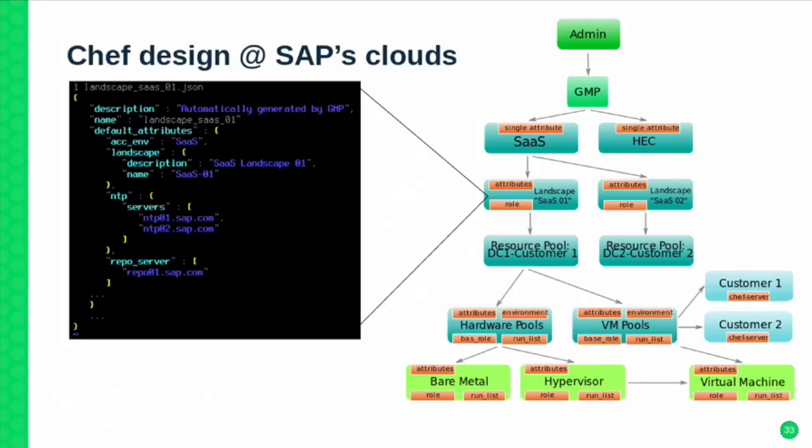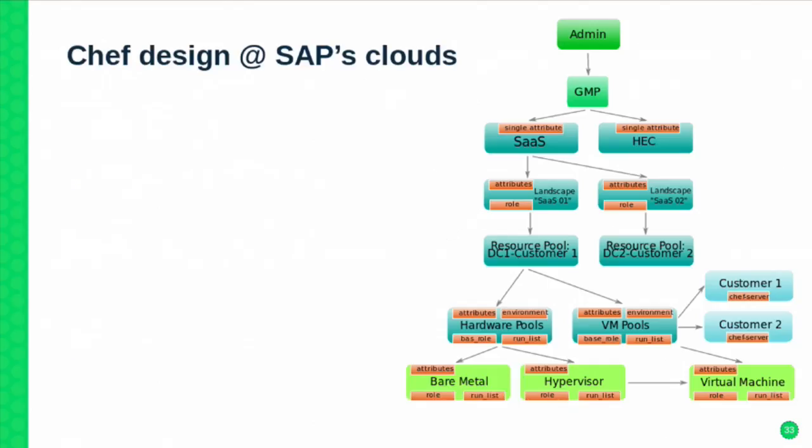And then we have an example for attributes that we would pass, like for example NTP servers or repository servers. So this is the actual data that is stored in a landscape object in Chef syntax.